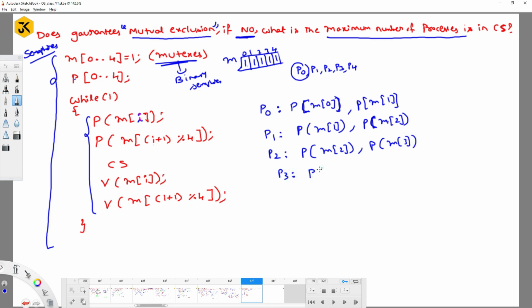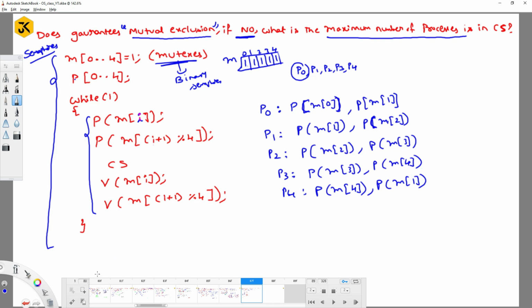If process P3 got the chance, P of m of 3, P of m of 4. If process P4 got the chance, P of m of 4, and does it allow P of m of 4 plus 1 modulus 4? 4 plus 1 modulus 4 is 1, so P of m of 1.